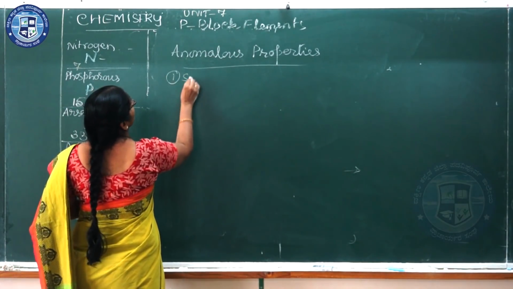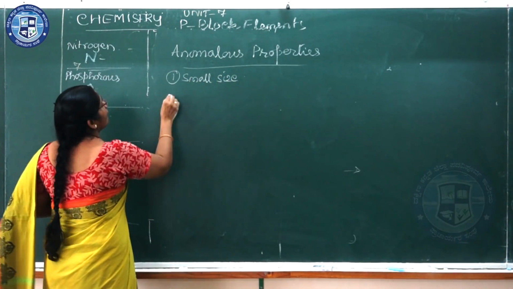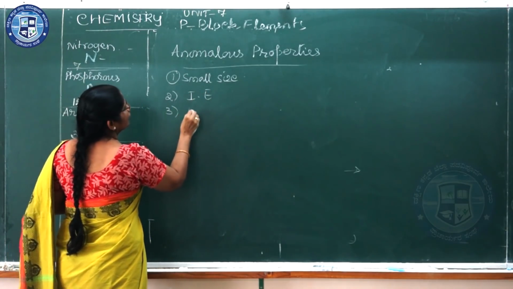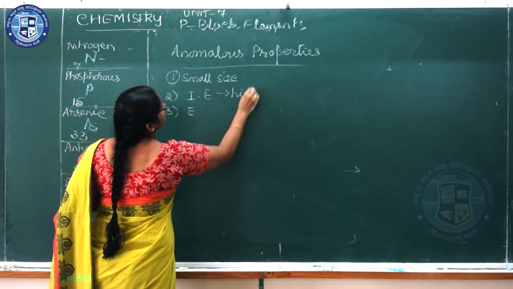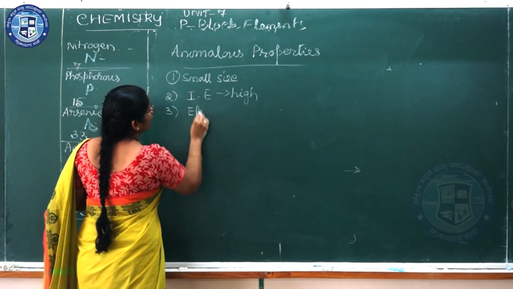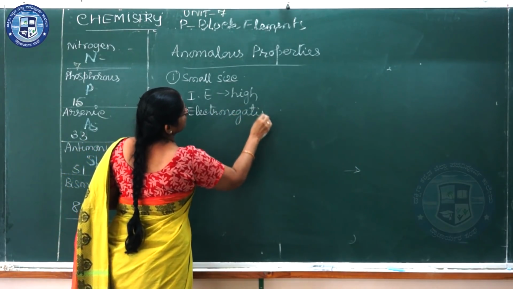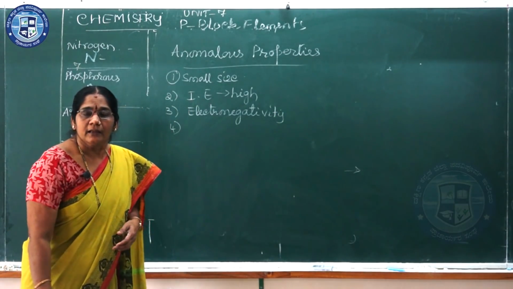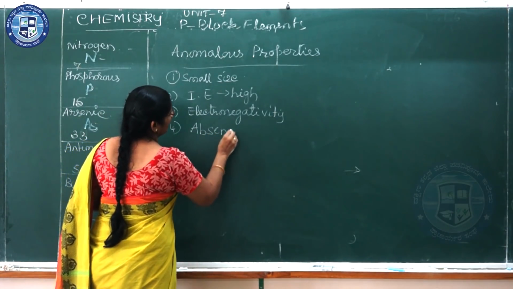That is due to small compact size of nitrogen, due to which it has a high ionization enthalpy, due to which it has a very high electronegativity, and one more important thing which makes it different from others is absence of d orbitals.